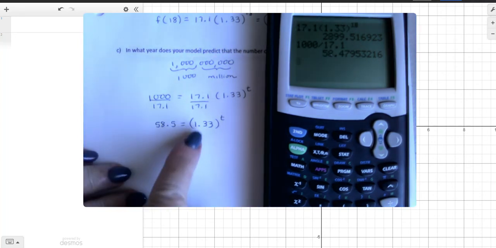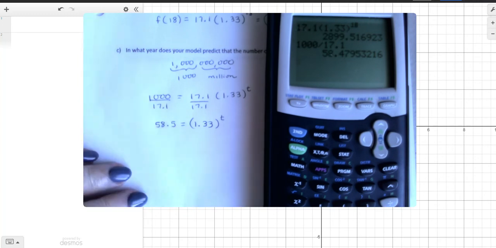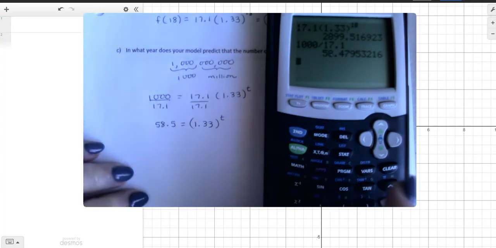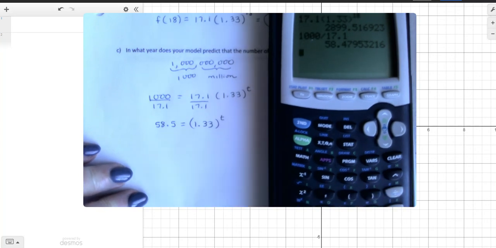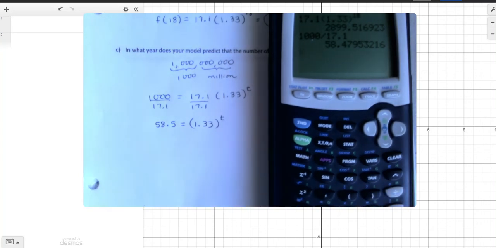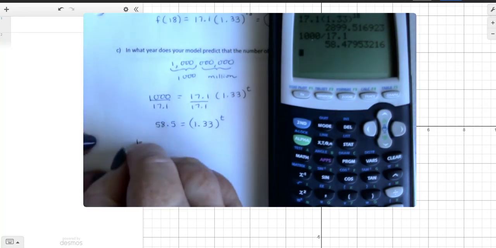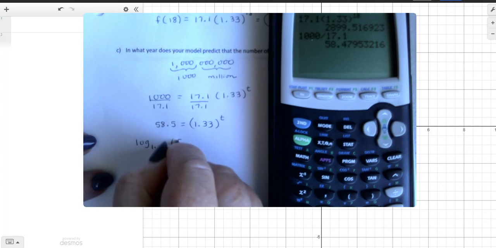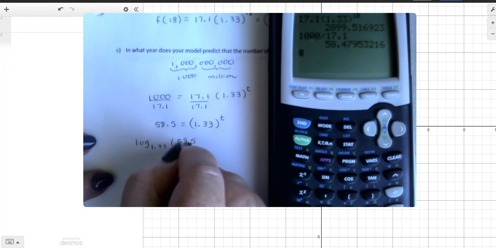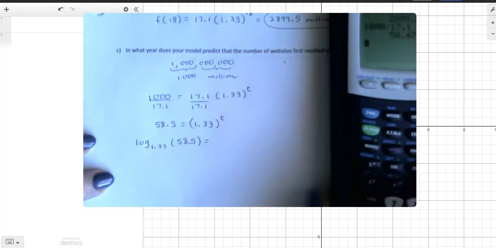And then I need to get to the t, so I need to get rid of the exponential, base 1.33. The inverse function for that would be the log, base 1.33. And I'm going to do that on both sides.